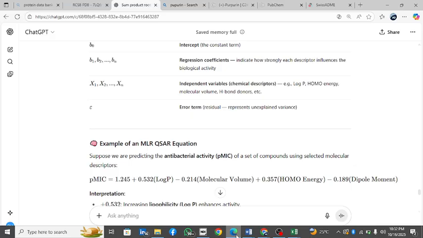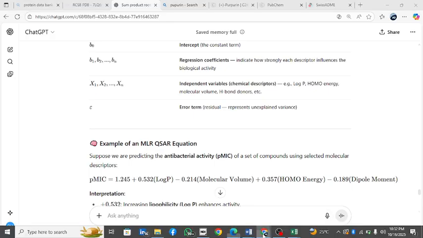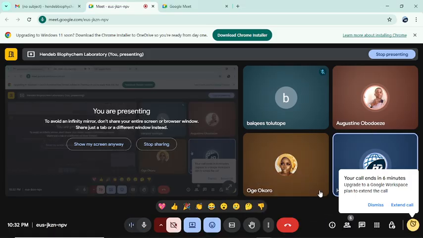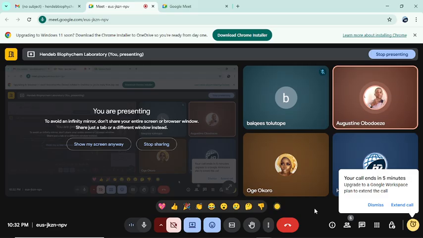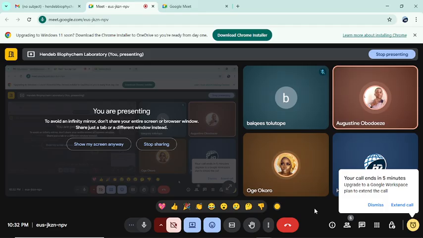It will be on the activity aspect, QSAR. You are going to build a model, using 100 compounds.